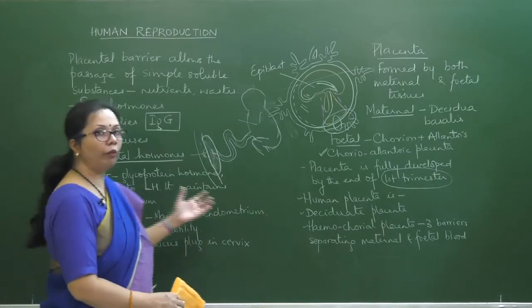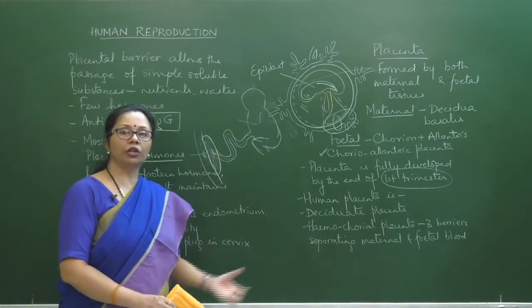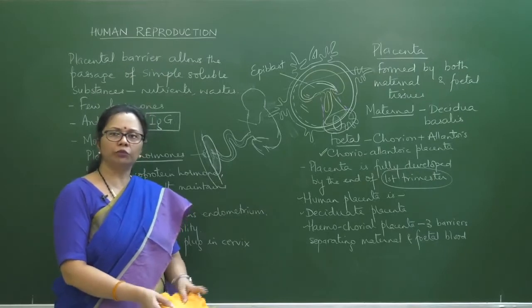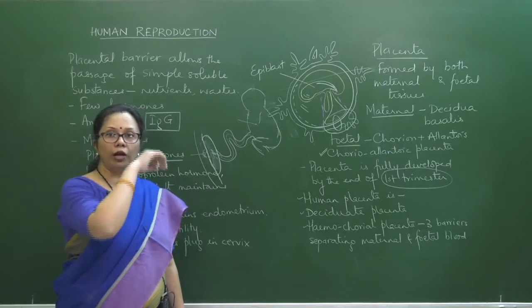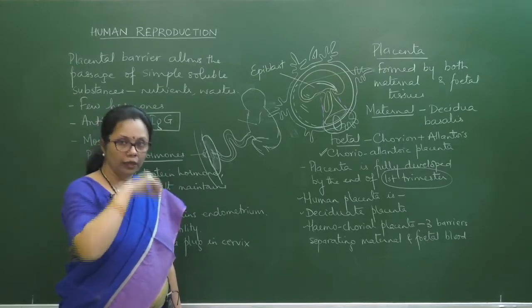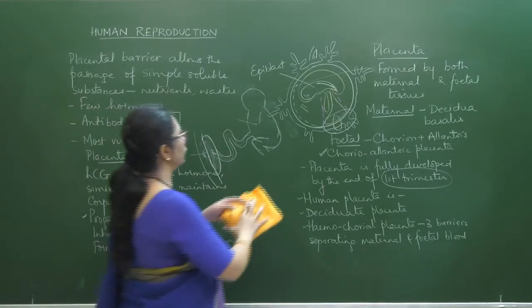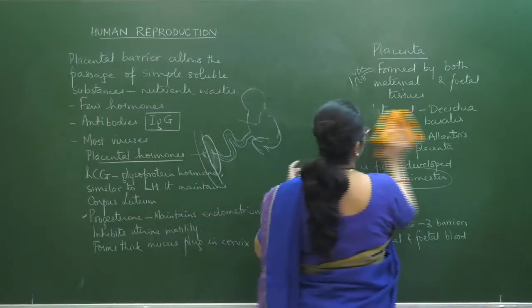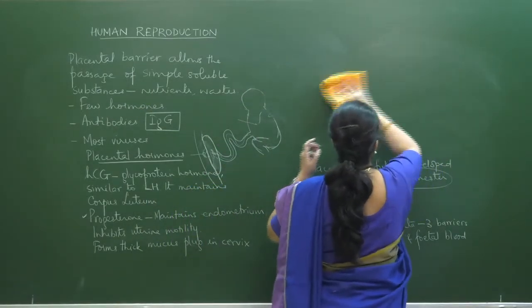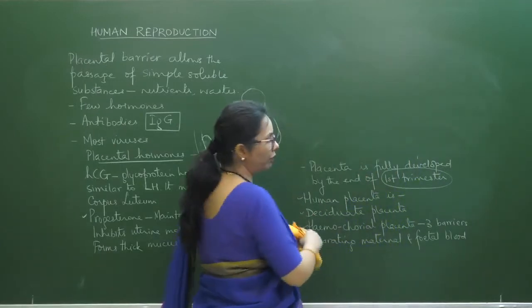So this is one common question, an assumption question of course, that if the ovary is removed, then what happens to the pregnancy? Okay, I am writing that question for you. I have given you the premise that progesterone secretion is going to be taken over by the placenta.